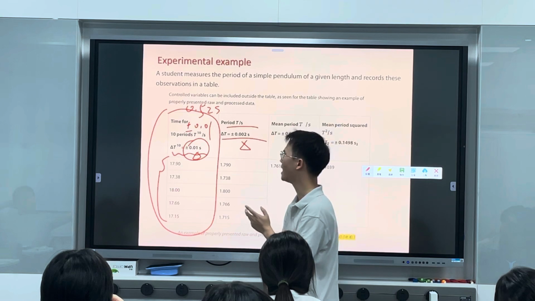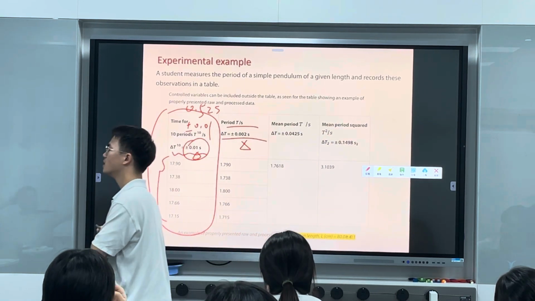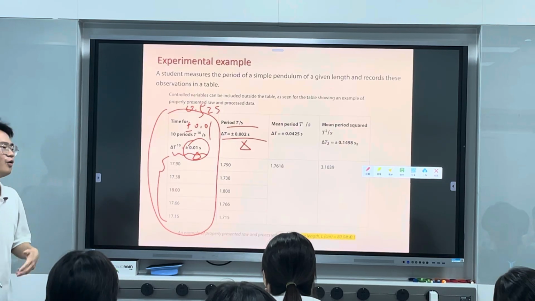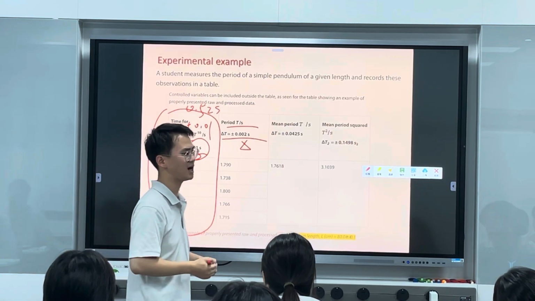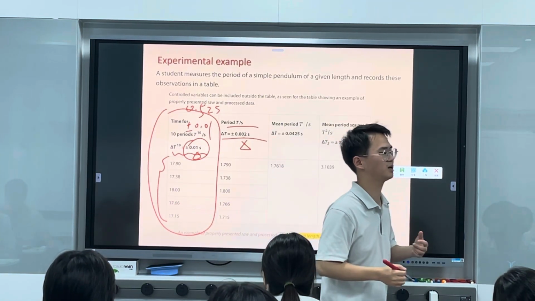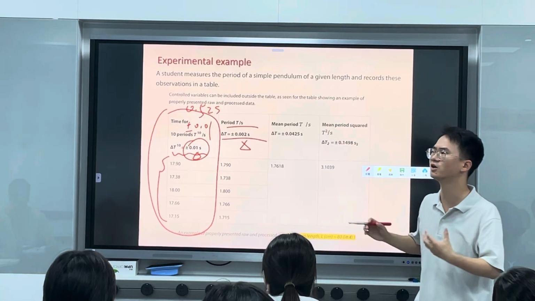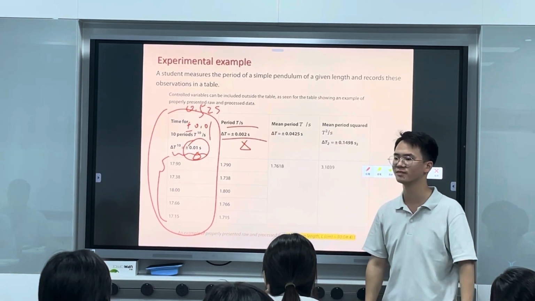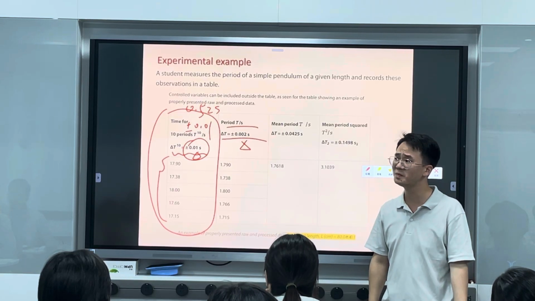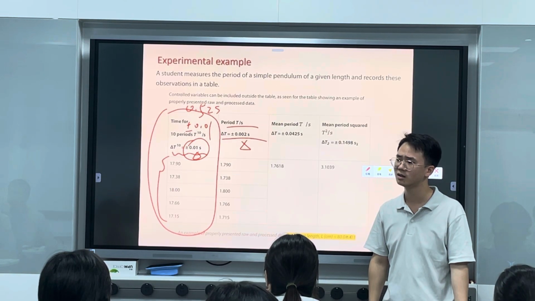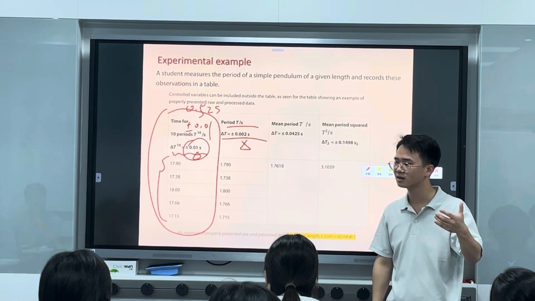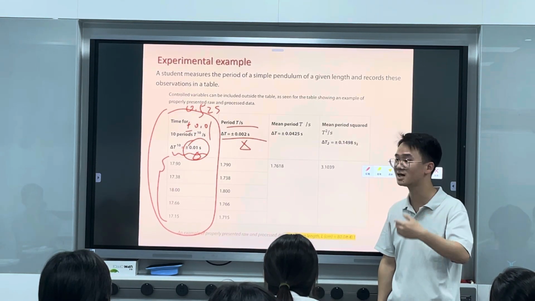Well, let's think about it. Sometimes we can consider our real life scenario, right? Is there any other possibility that can cause the uncertainty to be greater than this small? For example, maybe human involvement, like reaction time.